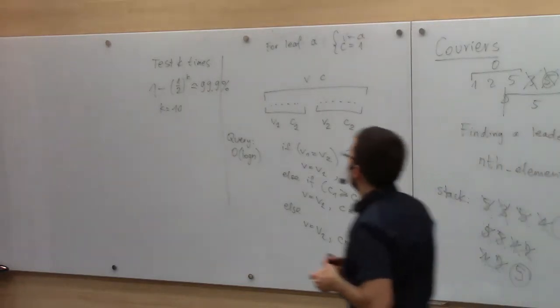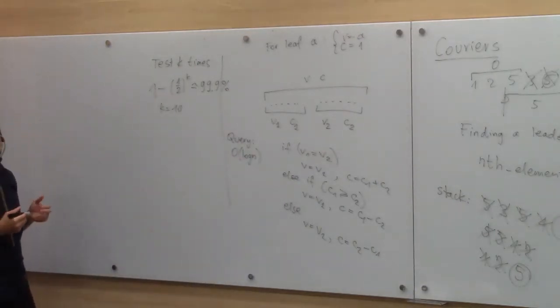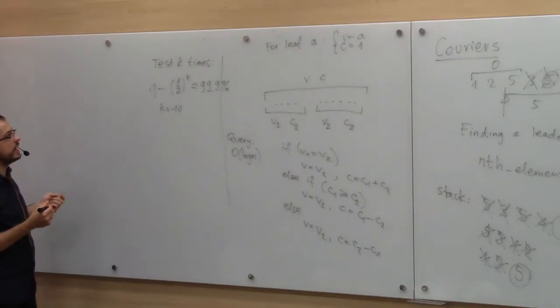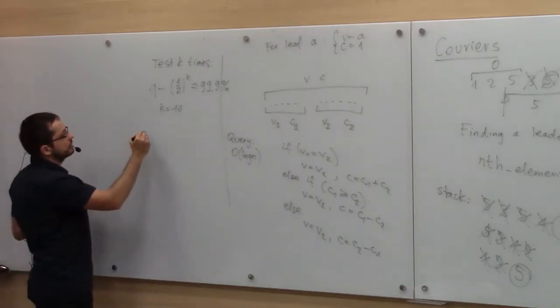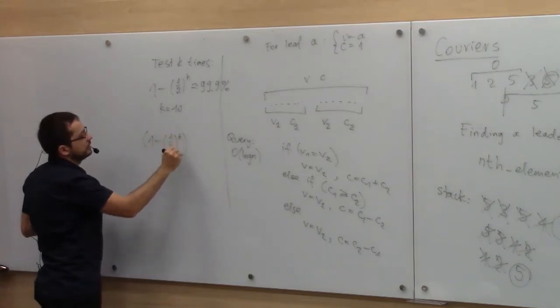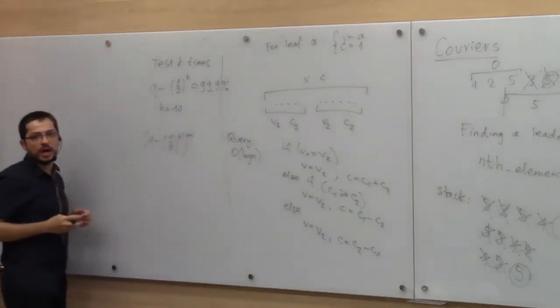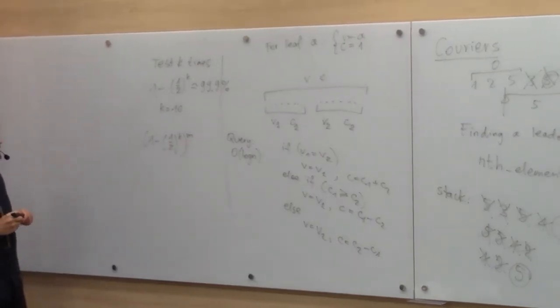This is the probability of succeeding in one query, and actually we need to calculate the probability of succeeding in m queries. So we have the probability of success in one query to the power m.